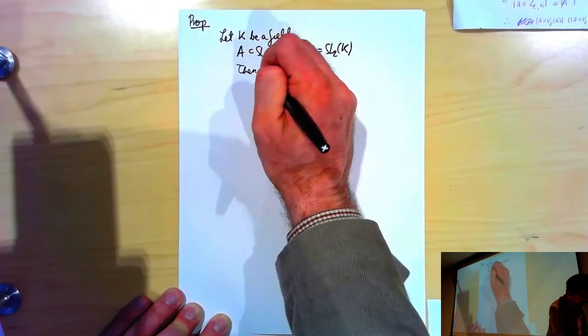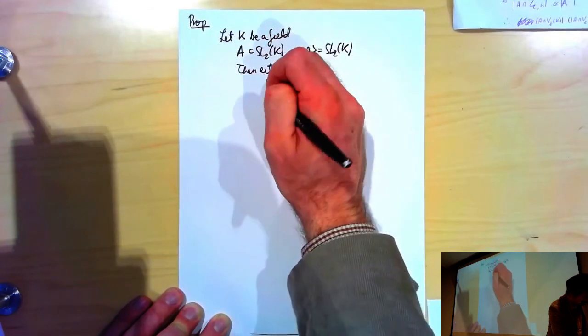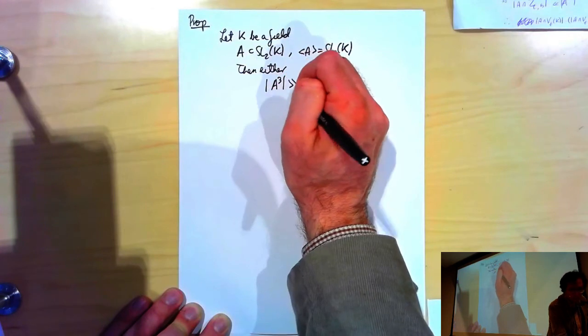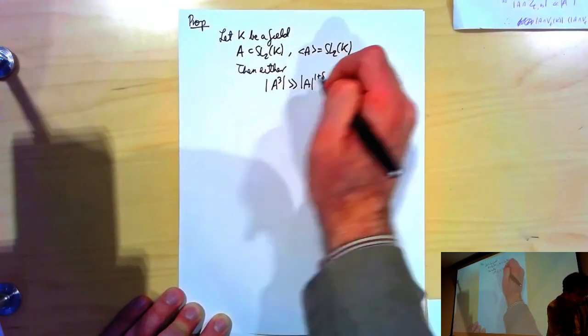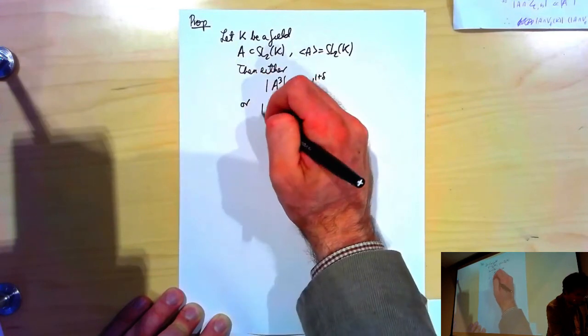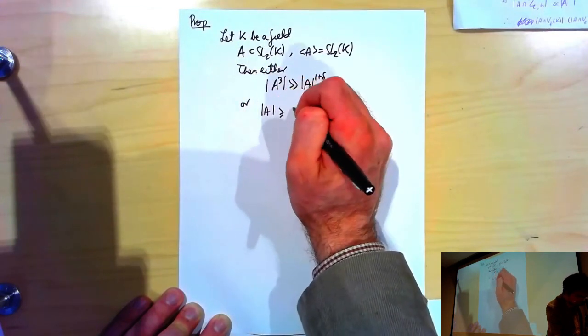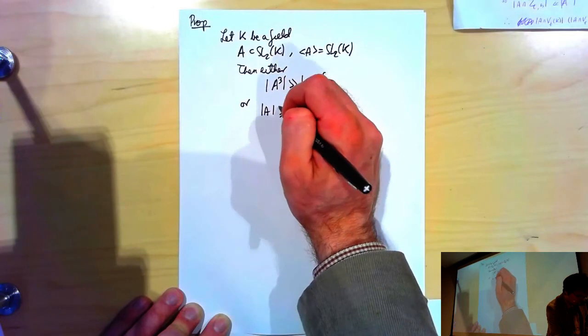And either A cubed is big. And remember that for this it's enough to show that A to 100 is big. That implies this. Or A is already very big. And if there is time, I will get a further consequence from this.